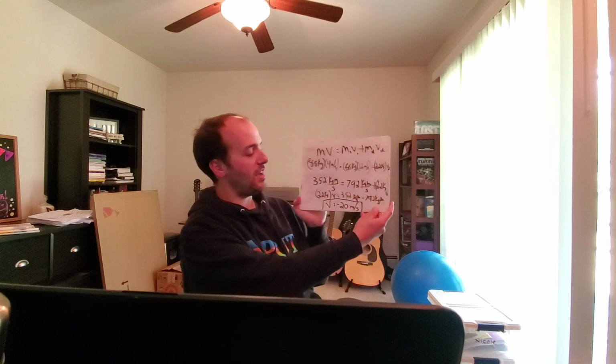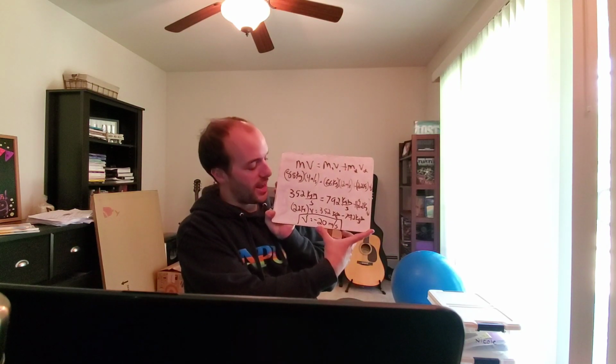Again, I'm running out of space, so I'm just going to say, do this subtraction and divide by 22 kilograms, and we find, since 352 minus 792 is a negative value, that that object is moving to the left with a speed of 20 meters per second. So you could write that as 20 meters per second to the left, or just negative 20 meters per second. That negative sign represents the opposite direction.